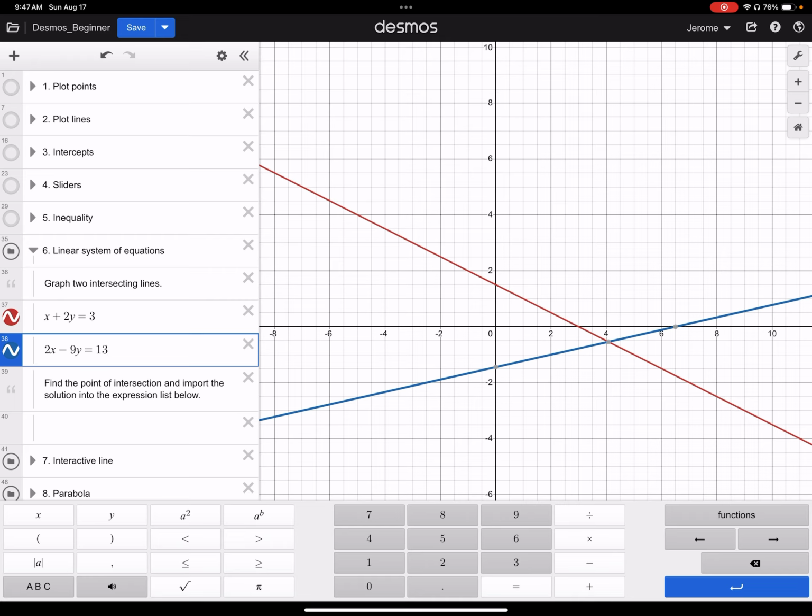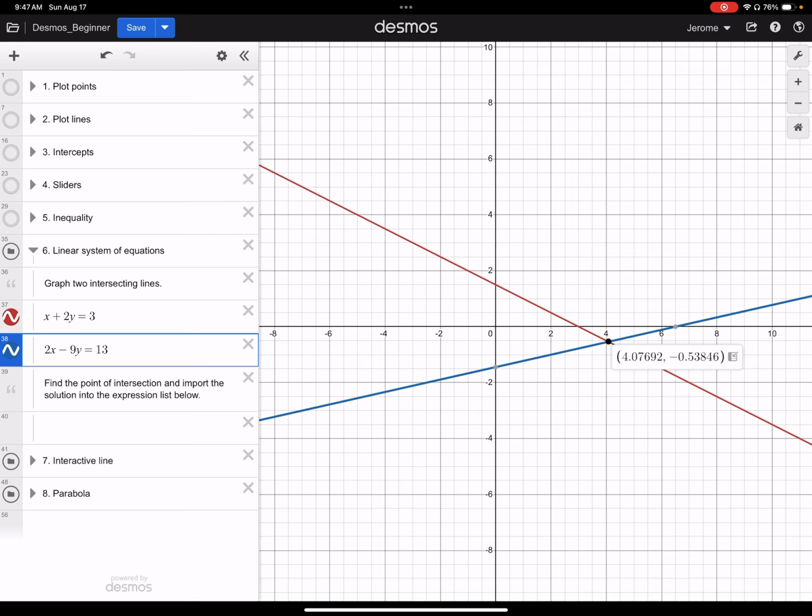Now, here's what it means to solve a system of equations, especially linear ones: you're trying to find where the two lines intersect. You don't have to bother to eyeball the thing. What I would do is just click on the intersection. Some crazy decimal numbers here. Since we're dealing with whole numbers or integers here, there's no way these are irrational.